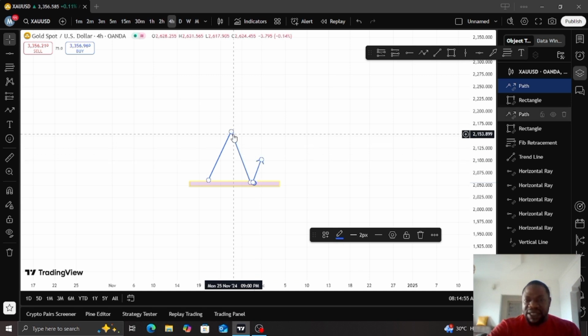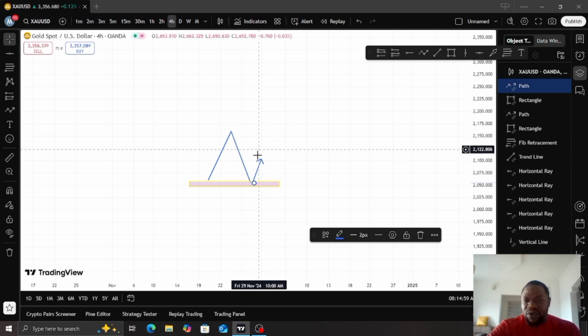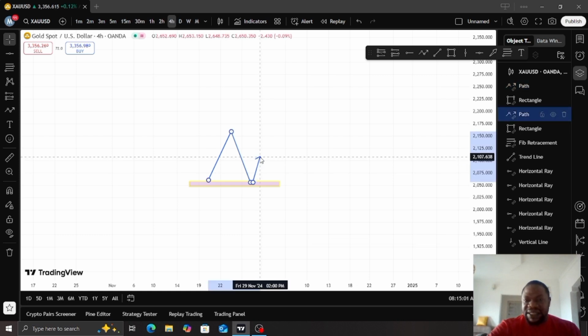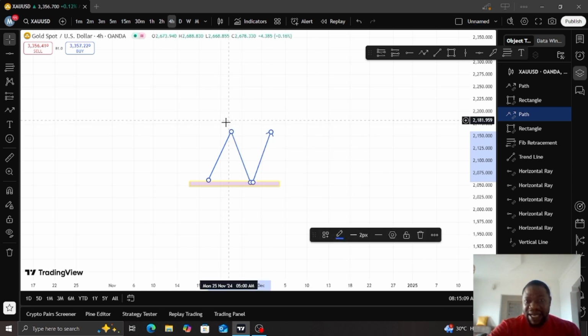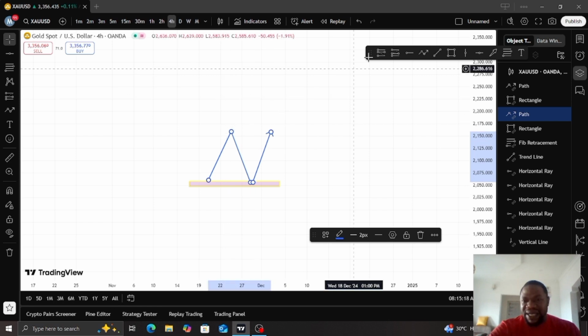And where price goes up, take note of this place. This is at the higher level. Where price gets to this level and fails to break this level, we call this place a resistance level. When price comes here and fails to break this particular level, or you see the price keeps dancing at this particular level, we call this a resistance level. So we have this as a support, we have this as resistance.